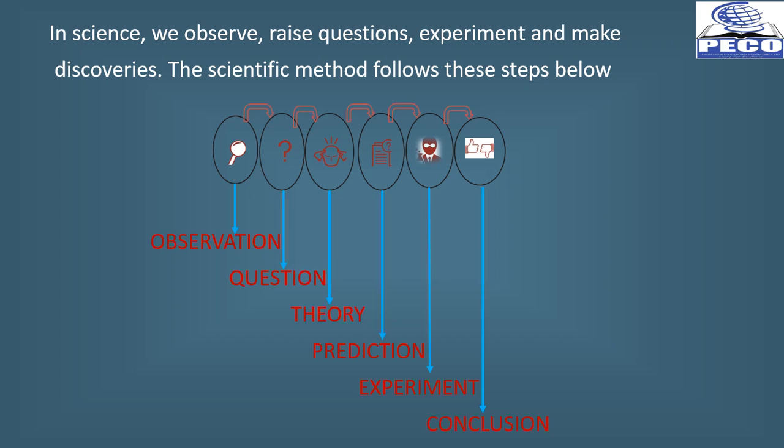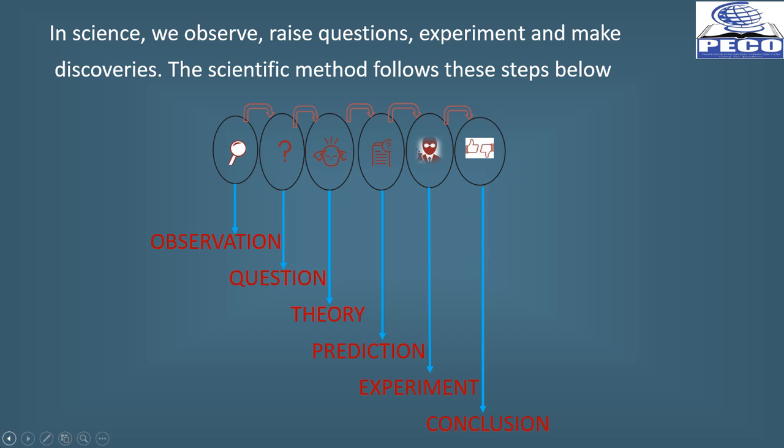You don't just guess and conclude. No, you must experiment to prove that your answer is correct. Even when we carry out experiments in physics, it is just to verify and say, okay, Newton was right in his laws of motion.